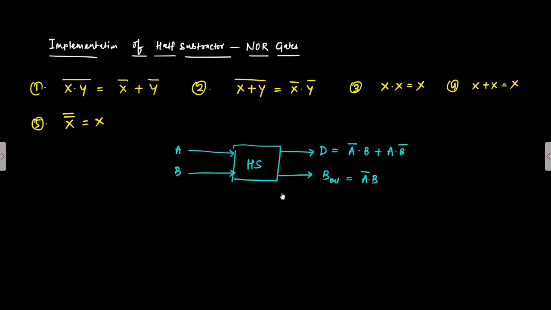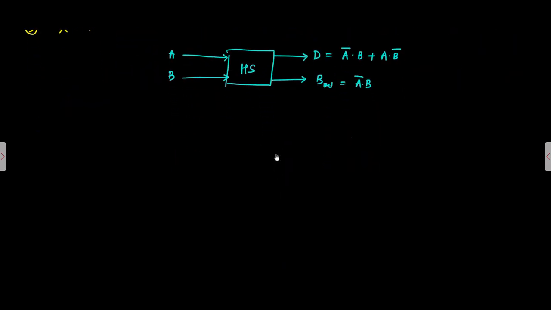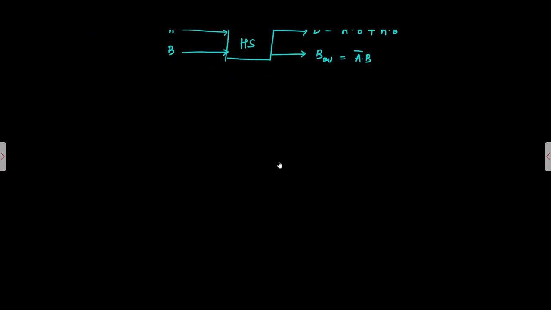So we have to convert it into a format which is suitable for NOR implementation. A bar and B, A and B bar. This is difference. If we double complement it, it will result in the same.